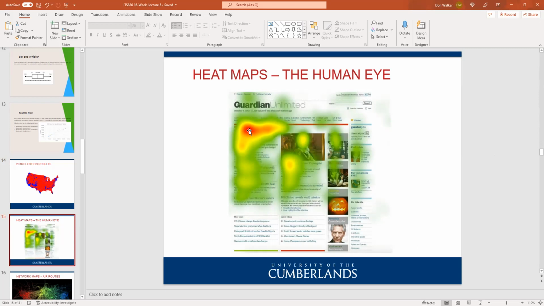That's where they went and how long their eye dwelled. It changes the heat map from green to yellow to red, red meaning the most. Where this is used is it proves to the web designer that you put the most important thing in the upper left corner.